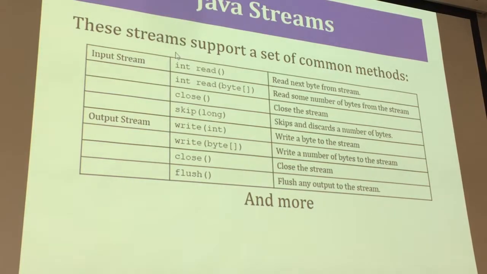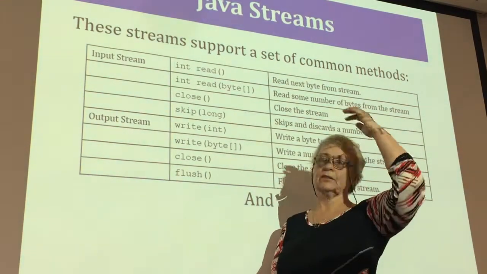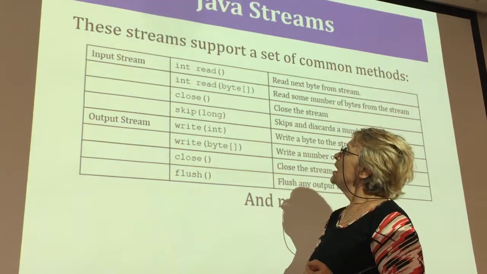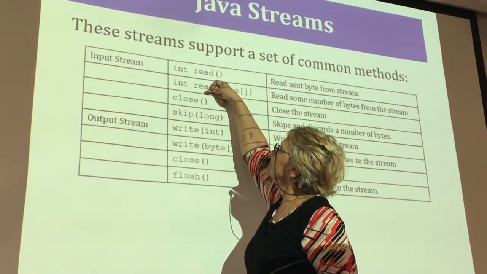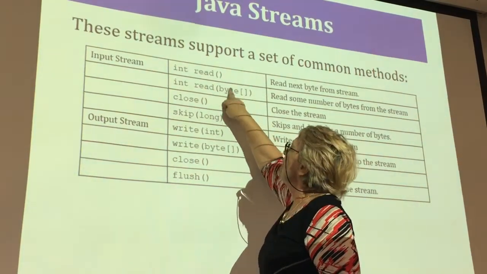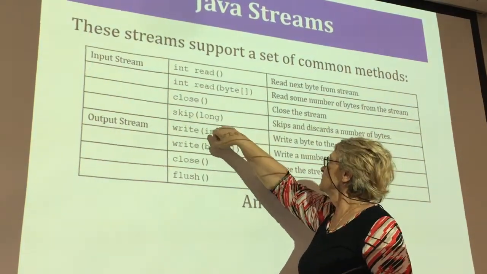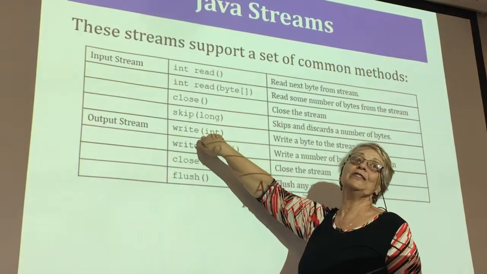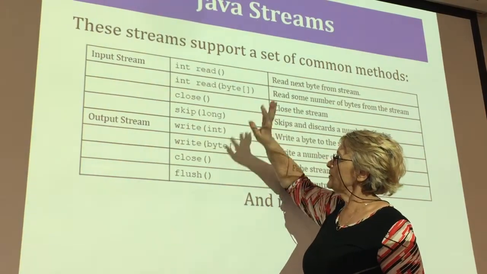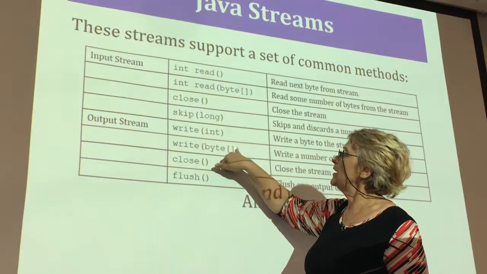Now, you will see that to perform input, no matter whether we have a buffered input stream or file input stream or other types of streams, we normally have read, which reads the next byte or a number of bytes, and similarly write a byte, where a byte is an int, with a conversion set up, or write an array of bytes.